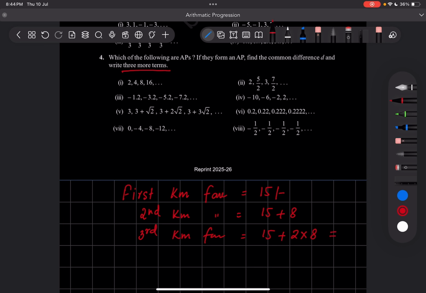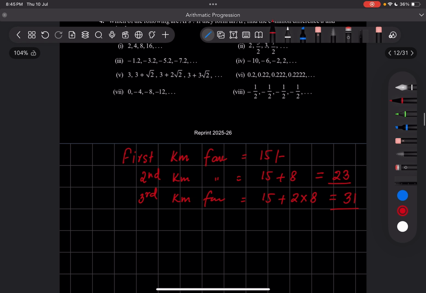We will get 23 as the second term and 31 as the third term. So we can observe from the above sequence that the rate is increasing with a common difference of 8.